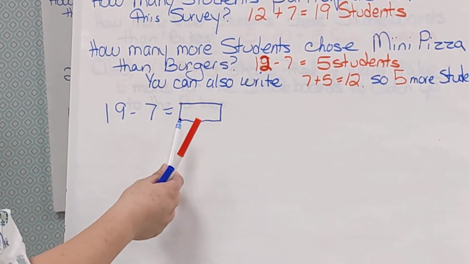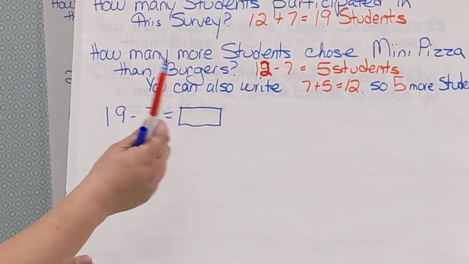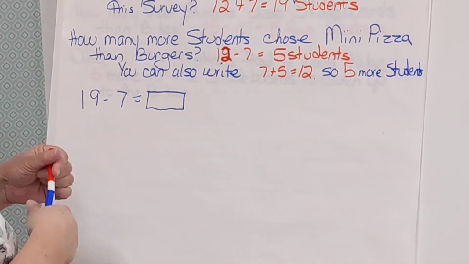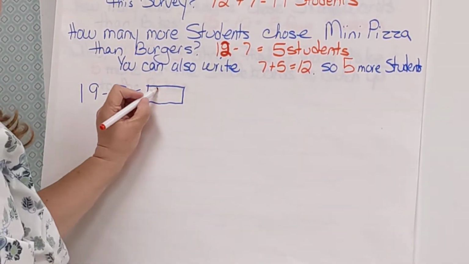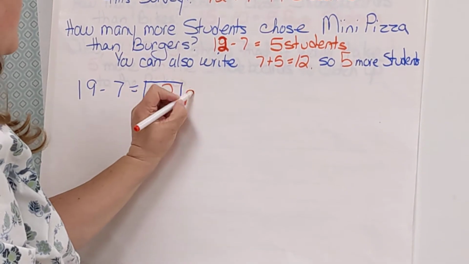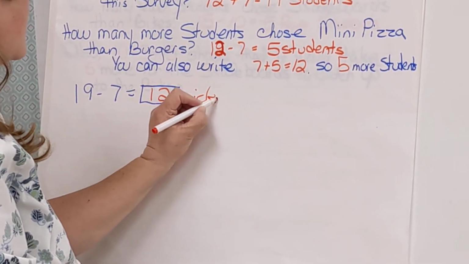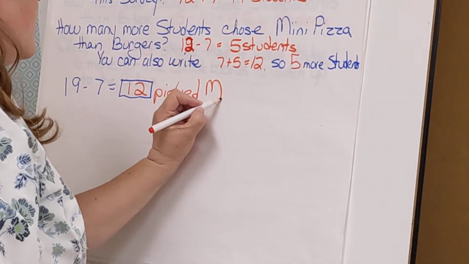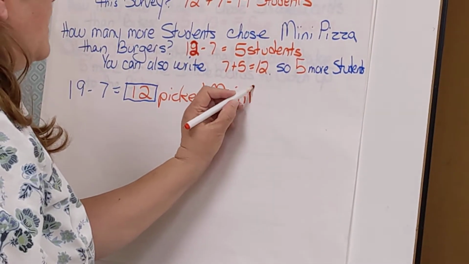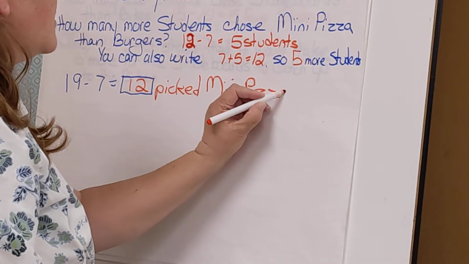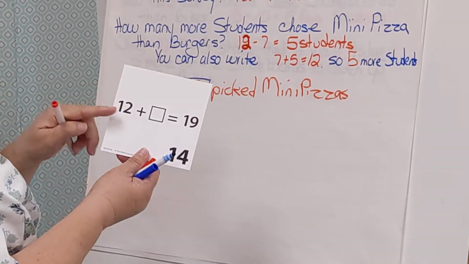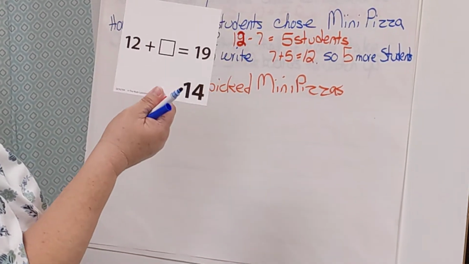Oh, I think you guys are right. It tells us how many students picked mini pizza. And so 12 students picked mini pizzas. Okay, our next one is 12 plus what equals 19.